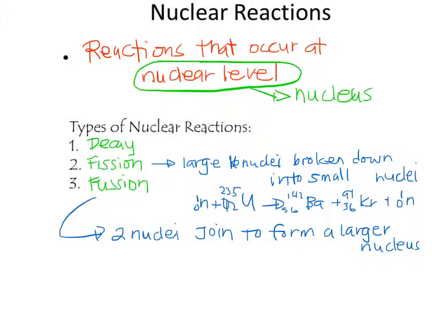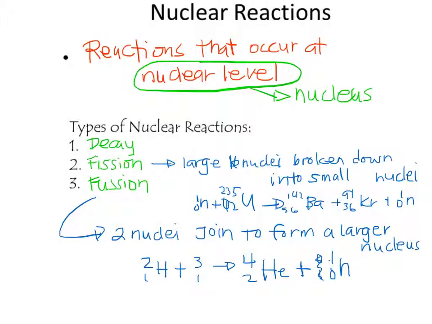An example of this would be two hydrogen isotopes, hydrogen-3 and hydrogen-2, and you end up with helium-4 and a neutron. This is actually the type of energy produced by the sun, and it's through fusion. It requires high temperatures.